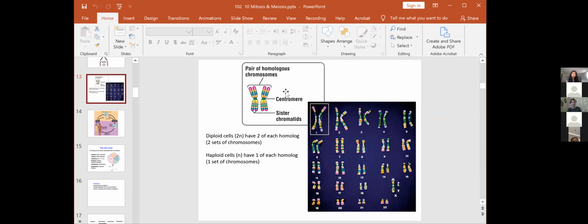If we look at a pair of homologous chromosomes, those chromosomes can be duplicated chromosomes as shown here. So there's one on the left, one on the right, and the chromosome on the left has 2 sister chromatids. So you tell me, are sister chromatids identical, similar, or totally different?